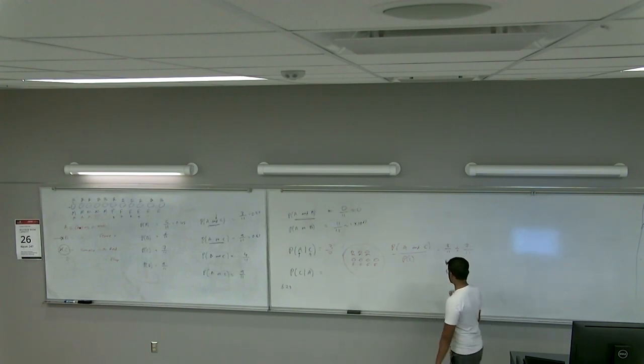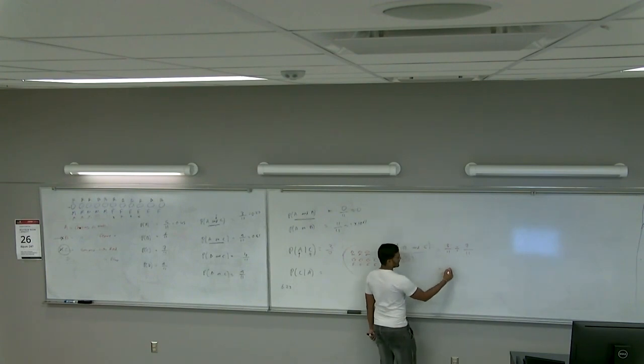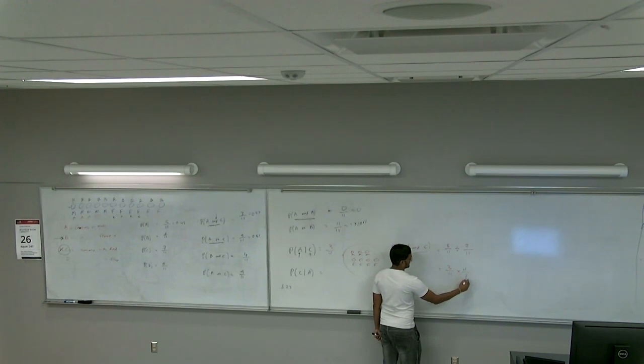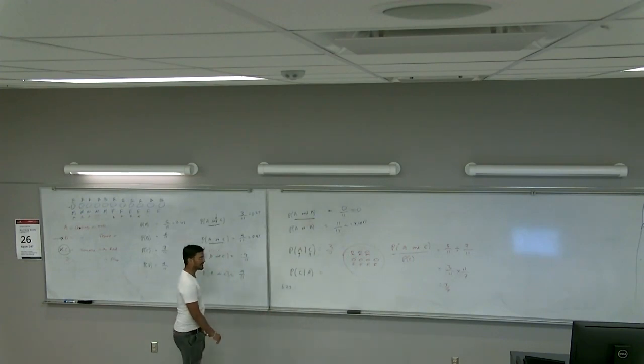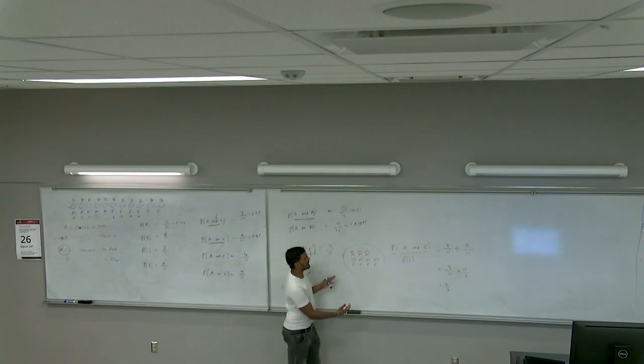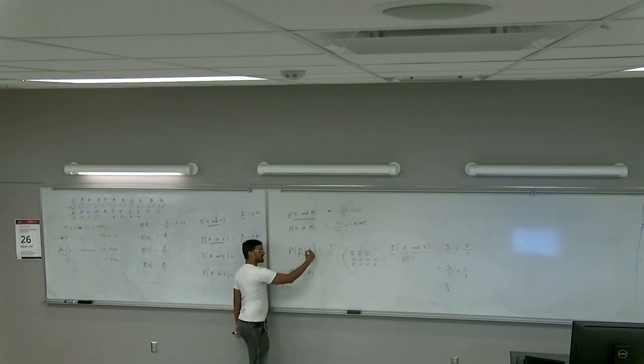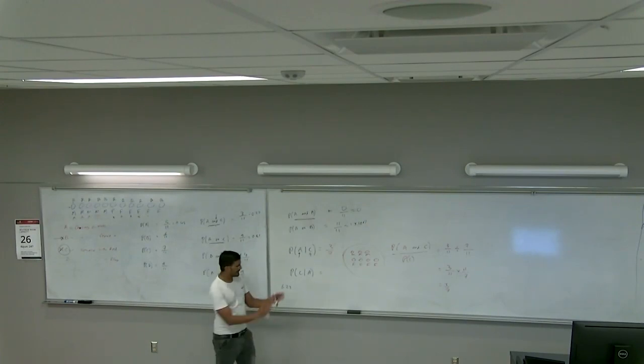Since this is division, you have to take the reciprocal and multiply. You have 3 by 7. So even with the formula, you can do the same thing. But try to understand what we are doing here. We separate out this condition and evaluate the probability in that separated portion.